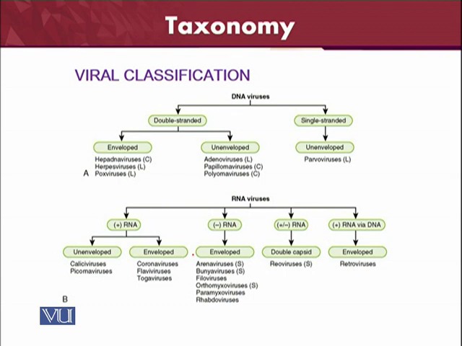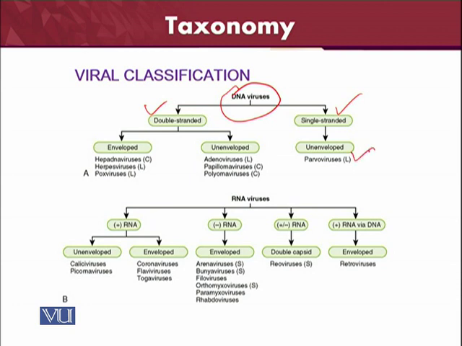Then the viral classification we can see in a similar way from this table. First of all, the DNA viruses. DNA viruses will again be classified into 2, double-stranded or single-stranded DNA viruses. On the left side, we have taken the double-stranded and then single-stranded. Then single-stranded viruses will again be whether they are enveloped or unenveloped viruses, just like parvoviruses.